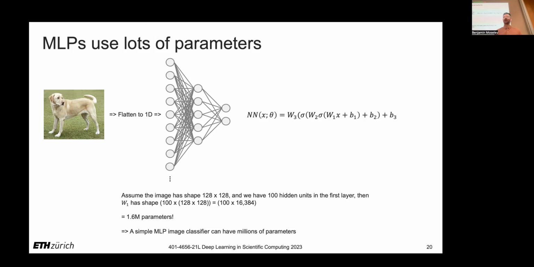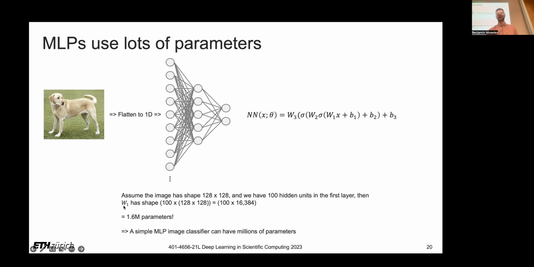So suppose we have an image which is 128 by 128 pixels, which is a fairly small image, and we flatten that, then all of a sudden we have 16,000 elements in our vector. So the first layer of our MLP is going to have 16,000 units. Then we think, how many hidden units should we have for the next layer? Maybe we'll try to reduce that image down to a few key values, so let's go from 16,000 to 100 hidden units.